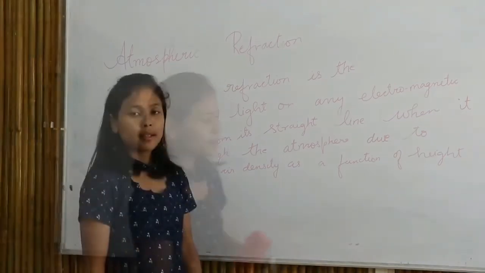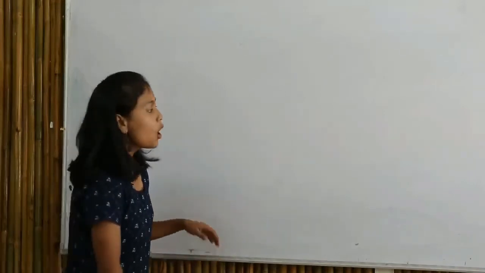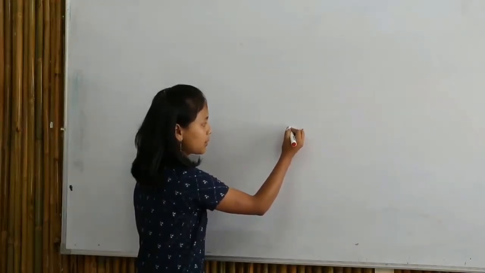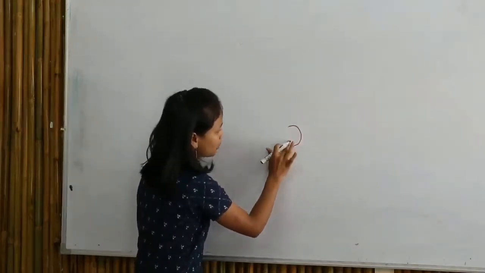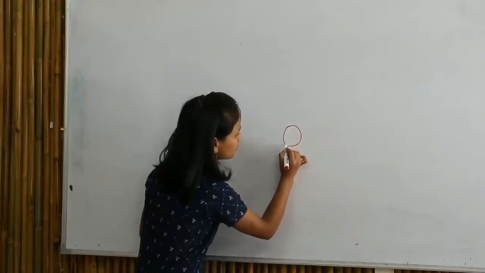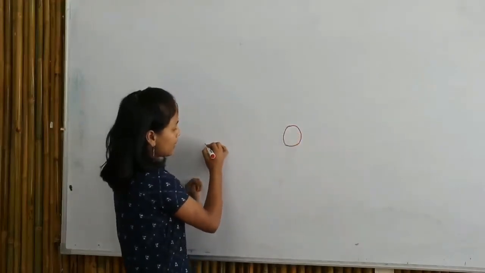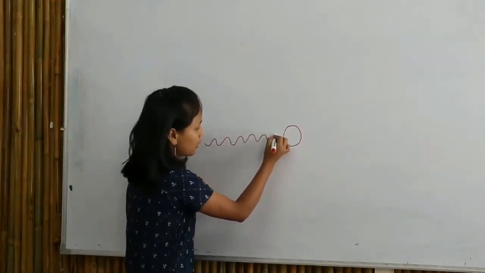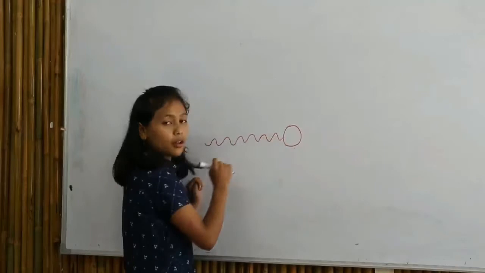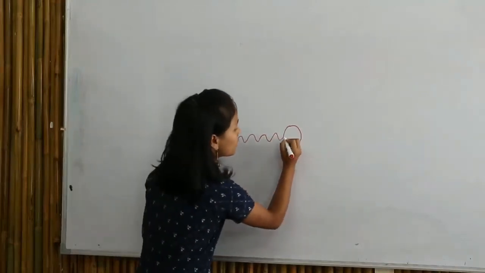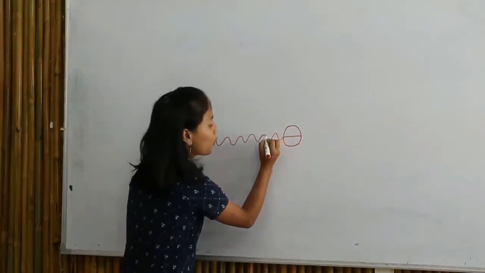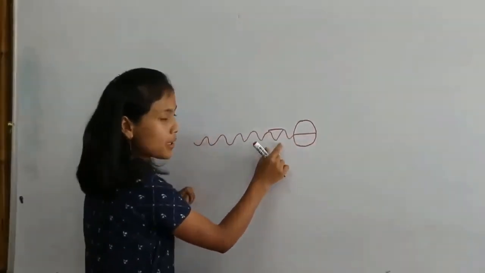The next topic is scattering of light. What is scattering of light? Suppose this is a particle. When an incident ray of light strikes this particle, you can see here that the diameter of this particle is greater than the wavelength of this incident light.